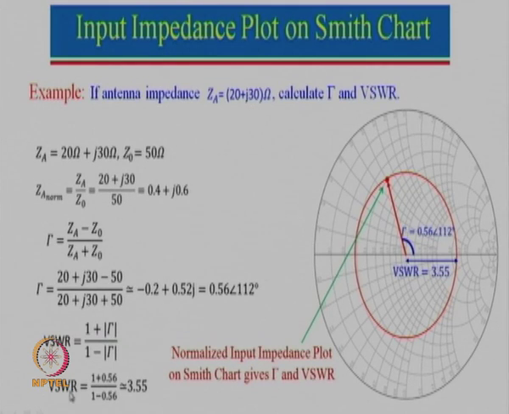Now, this is one way to do it. The other way is to plot this input impedance on the Smith chart. So, this is a Smith chart here. Just to quickly tell you what the Smith chart is: the Smith chart is a plot of input impedance, or it can be used for input admittance, but we will keep it for input impedance now.